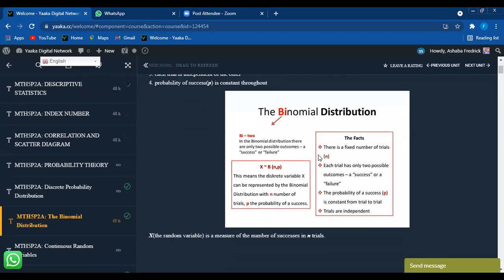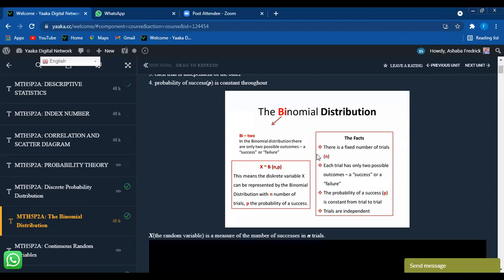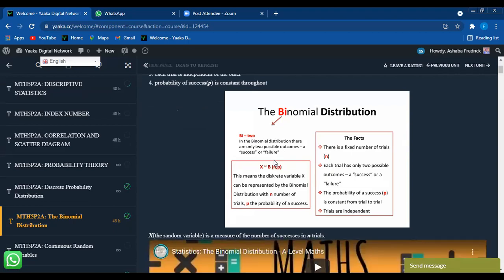Then on this image, they are trying to bring out the binomial distribution. They begin with the word "bi", which in this case means 2. So in the binomial distribution there are only two possible outcomes, a success or a failure, and that is why we regard it as binomial.